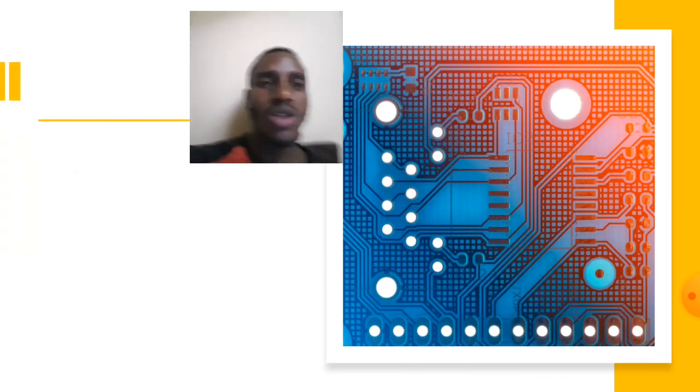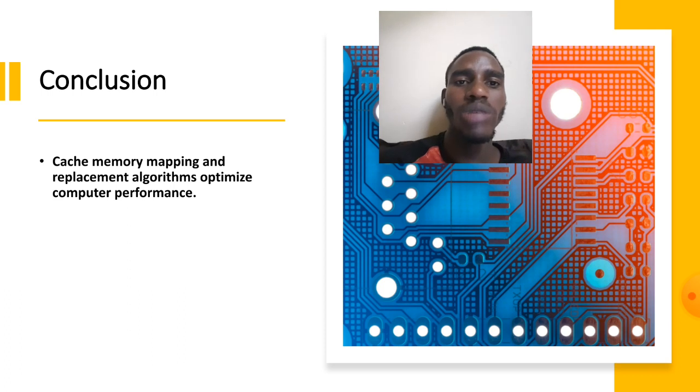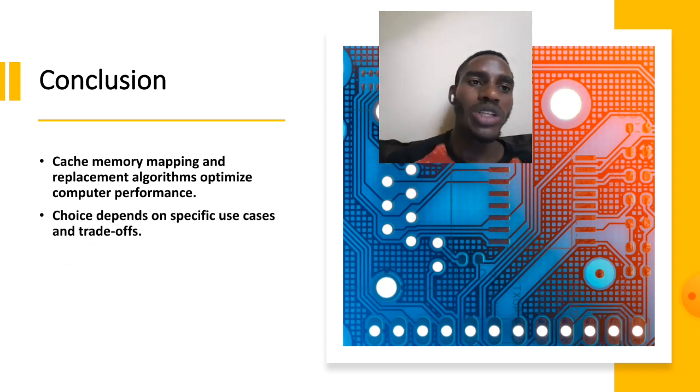Now, in conclusion, we can see that cache memory mapping and replacement algorithms optimize overall performance. The goal is to increase the speed of access for words from memory, but we also want them to be cheap, and the choice depends on the specific use.